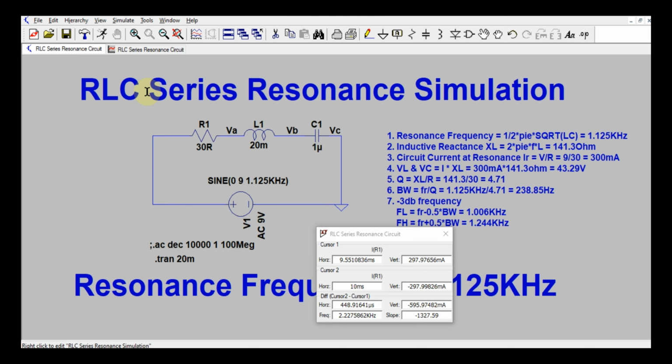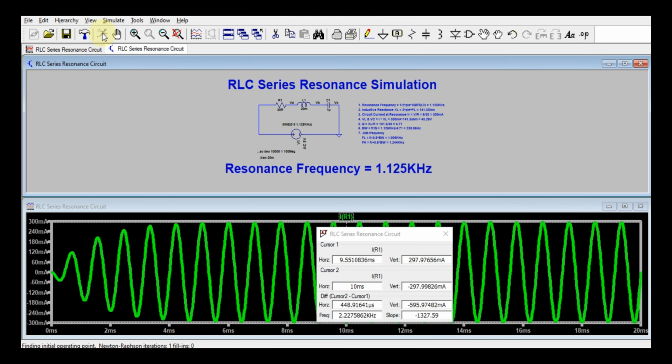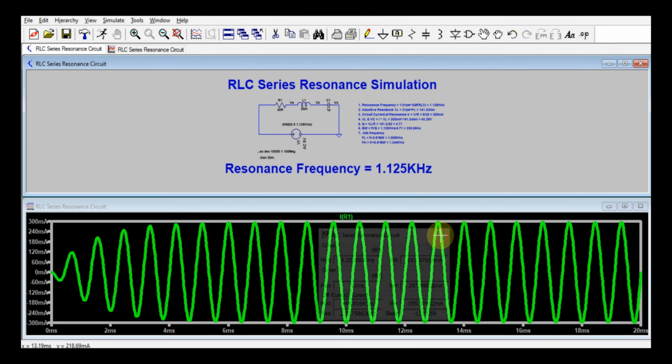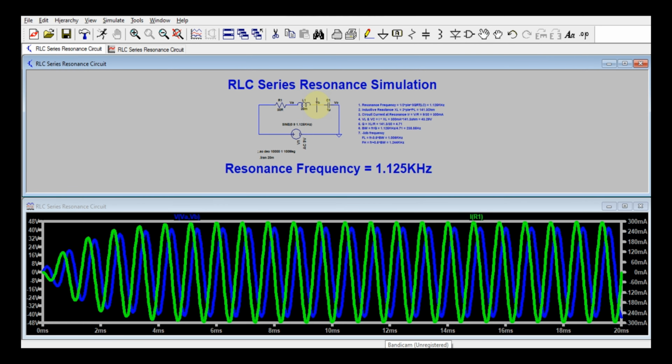So now I will run the simulation again and I will show you the voltage across the inductor. So this is the voltage across the inductor, and I will show you the voltage across the capacitor, right?